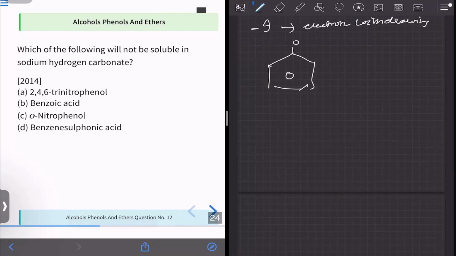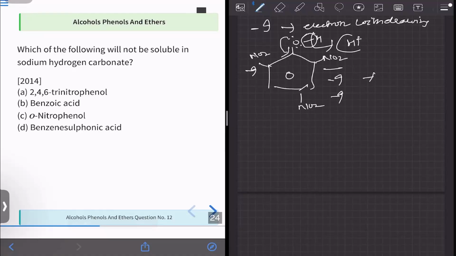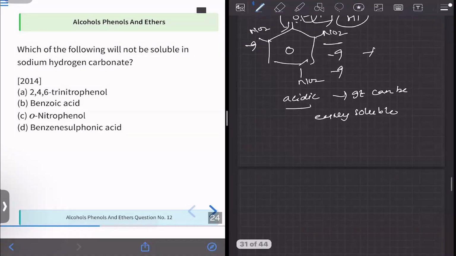Oxygen has two lone pairs, and these three are highly minus I groups, so electrons from oxygen are withdrawn. This bond is more polar, so H plus can be easily donated. So it is more acidic and can easily dissolve. So option A can easily dissolve.